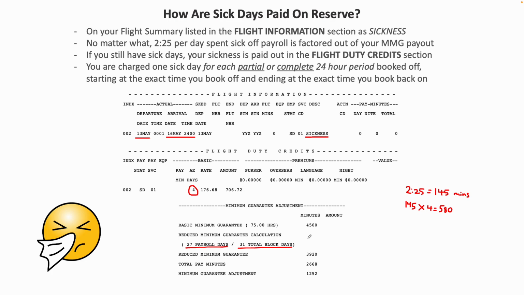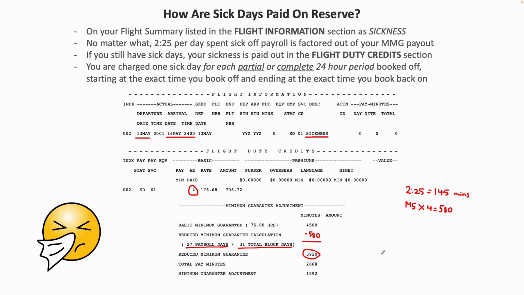So what we want to do is subtract that number from the 4,500 minutes or 75 hours that we start out at and see what we get. In this case, that number ends up being 3,920 minutes. So our reduced minimum guarantee is correct.